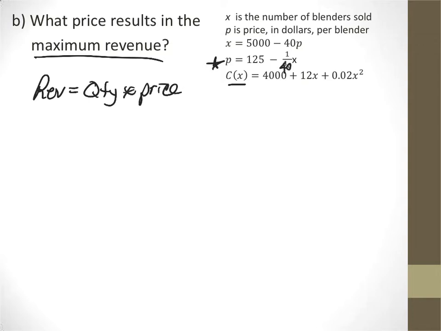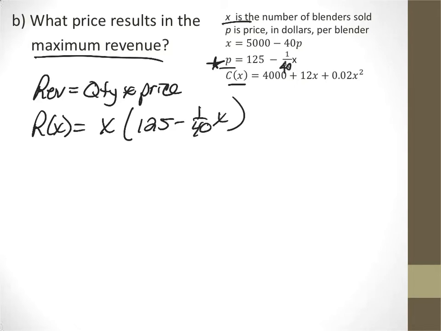And if you remember, x is the number of blenders and P, price, is what we just found. So the revenue function with respect to x is going to be x times the price, 125 minus 1/40 x. Go ahead and multiply it out: 125x minus 1/40 x squared.